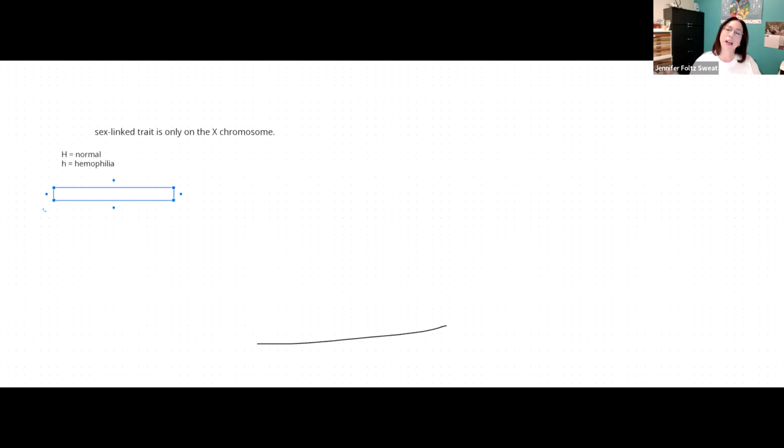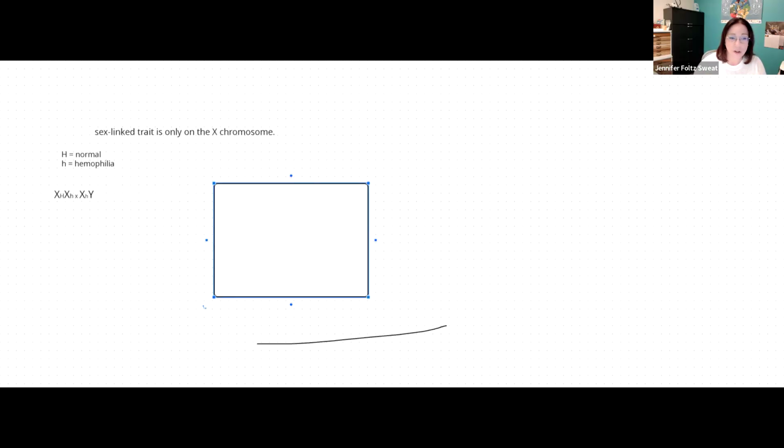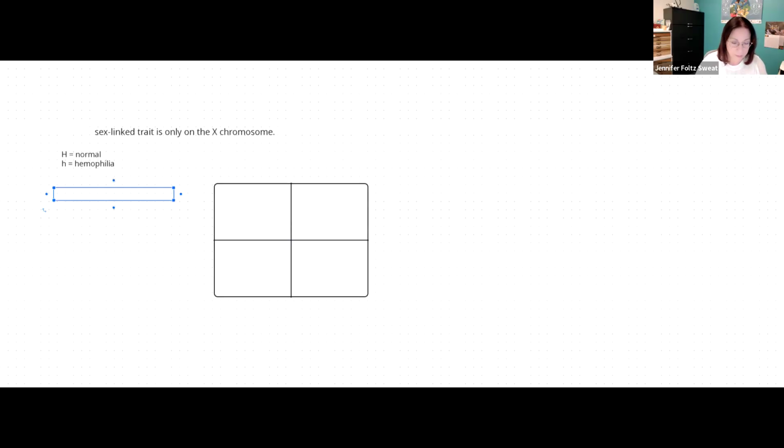Okay, so you do the Punnett square the same way as Mendelian genetics, dominant and recessive. Okay, so here's my Punnett. And now, you can stop me if you guys have questions as I go through this. So we're going to do X big H, right? And then we're going to do X little h.